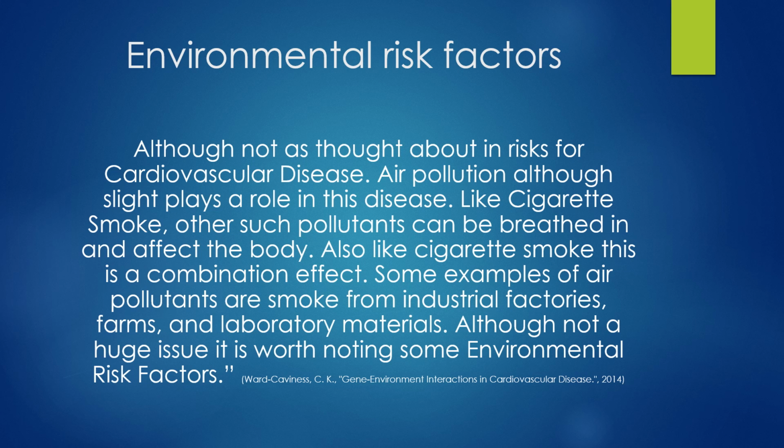Like cigarette smoke, other such pollutants can be breathed in and affect the body. Also like cigarette smoke, this is a combination effect. Some examples of air pollutants are smoke from industrial factories, farms, and laboratory materials. Although not a huge issue, it is worth noting some environmental risk factors when considering cardiovascular disease.